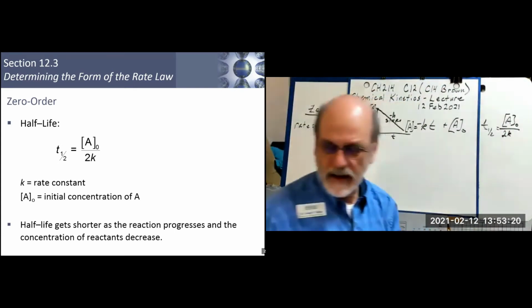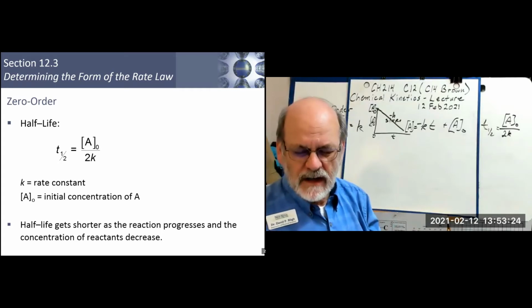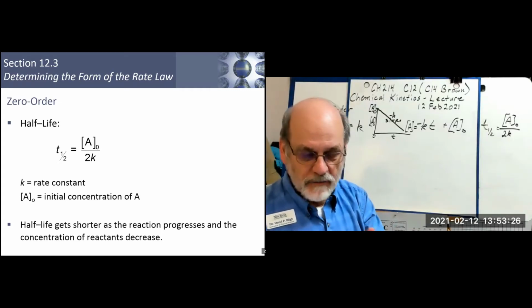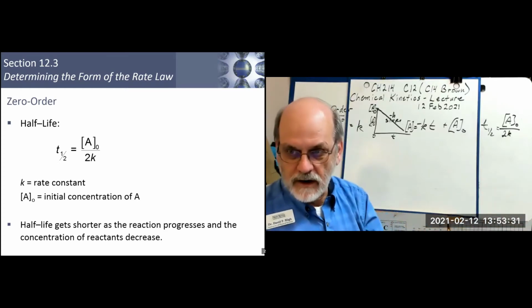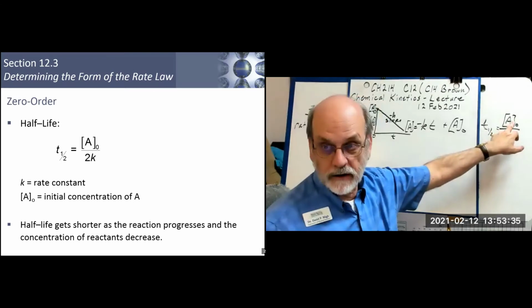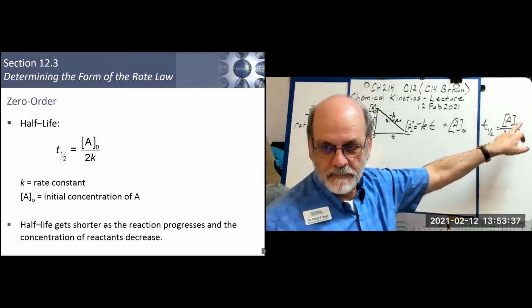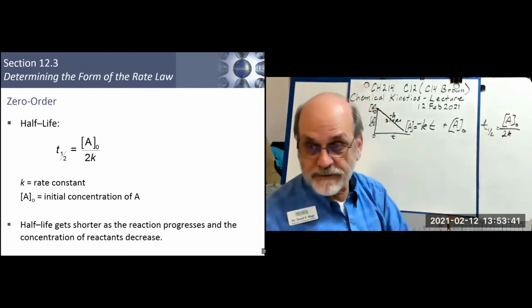So what does that mean? Well, in general terms, half-life is the amount of time it takes for the initial amount to half disappear. So after that time period, half of this is gone. Okay? And that doesn't have to be a fixed number.